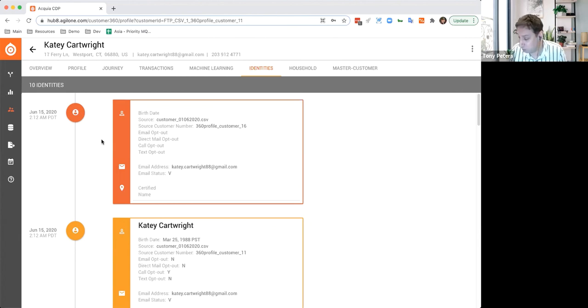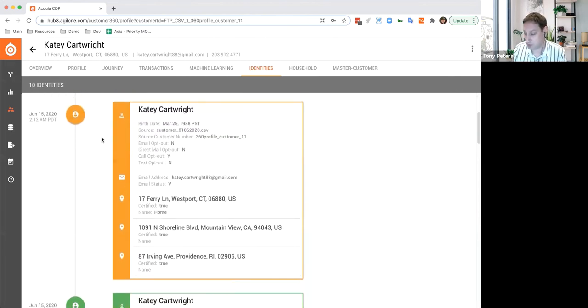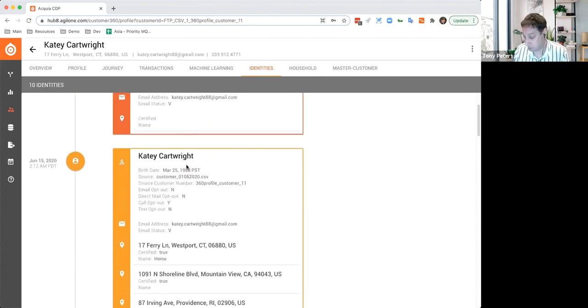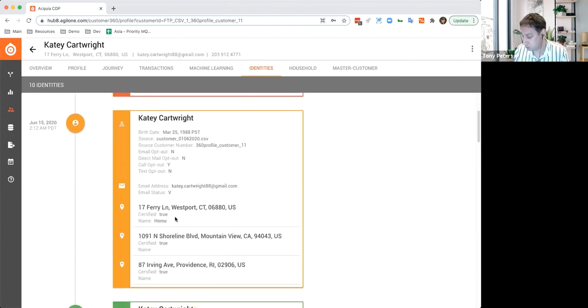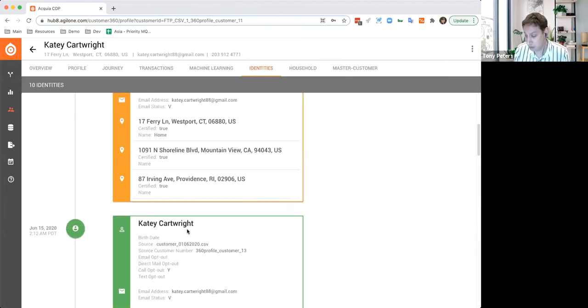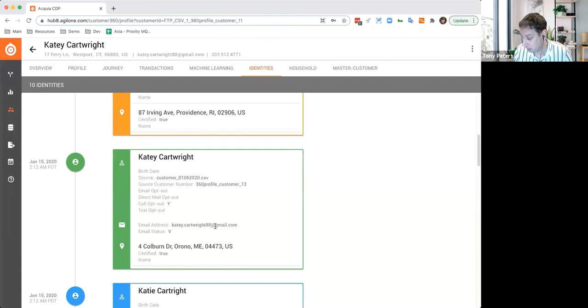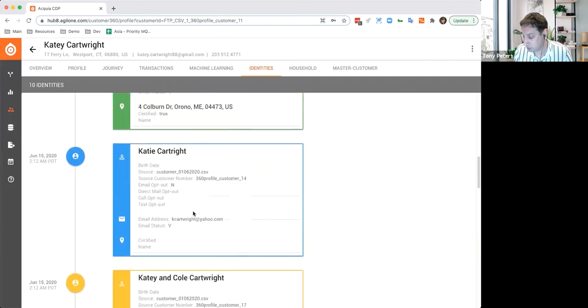So if we have a look at the identity resolution that the CDP is doing, in this case we've got Katie. She's changed her address a few times, because especially like me, I'm renting, so I normally change my address every 2 years. If I put in a different address, sometimes that can be classed as a different record. We could have a different email address that I've set up. So in this case, Katie's using a Yahoo address.